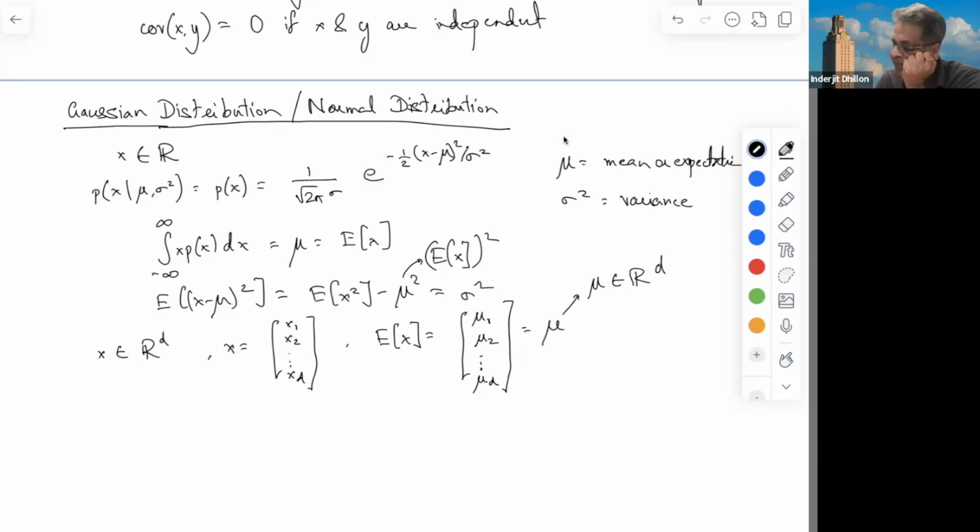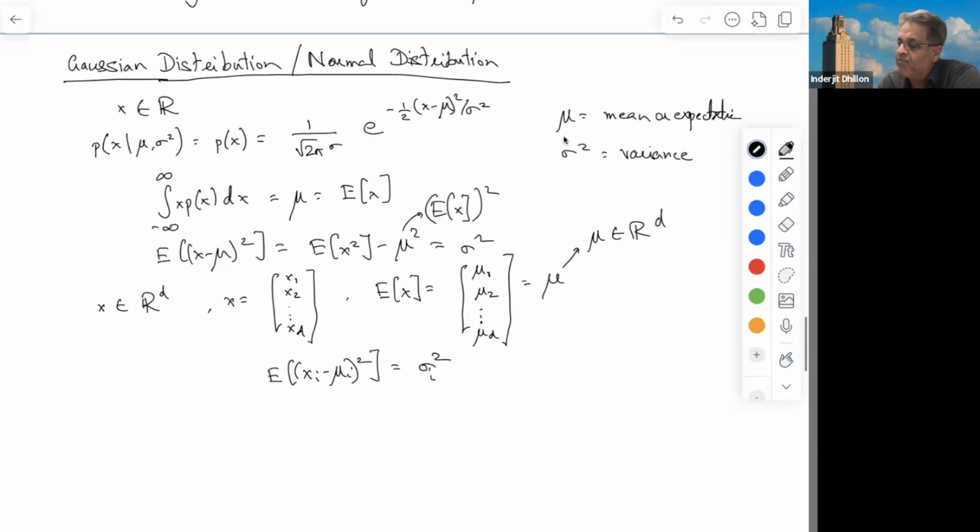Let's just look at the univariate variances. If I look at expectation of (xi minus mu i) squared, let's say these are sigma i squared. So there are d of these variances, one for each component of the vector.